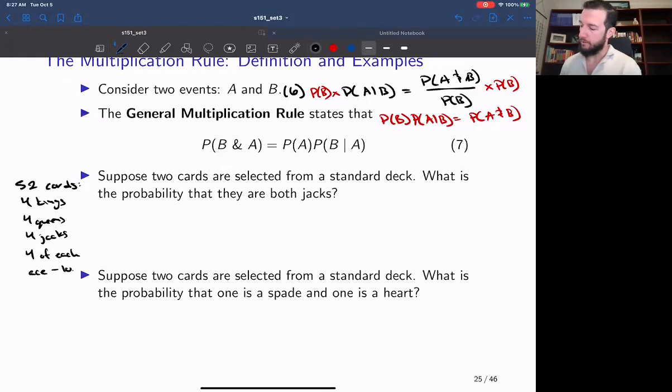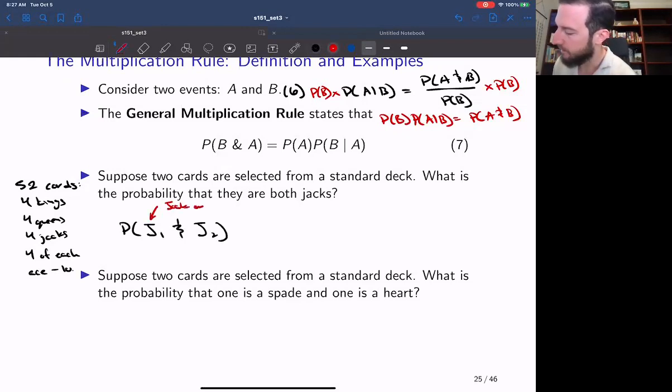In this example, we're saying, suppose 2 cards are selected from a deck. What is the probability they are both jacks? Okay, so here what we are asking is, what is the probability we get a jack on the first draw? And what is the probability we get a jack on the second draw? So this is jack on first, and this here is jack on second.